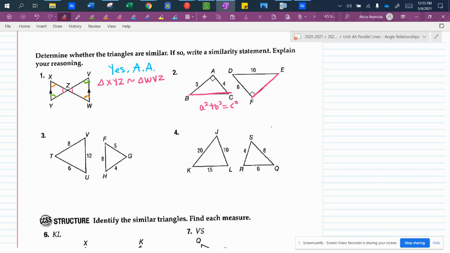BC. So in your Chromebooks, using your calculator, we can find the length of BC by taking the square root of 3 squared plus 4 squared. Everybody do that and tell me what it is when you get it. 5. You should get 5.